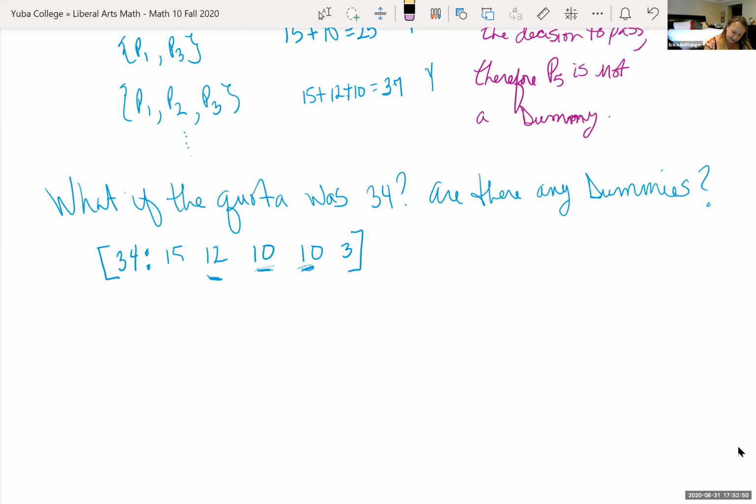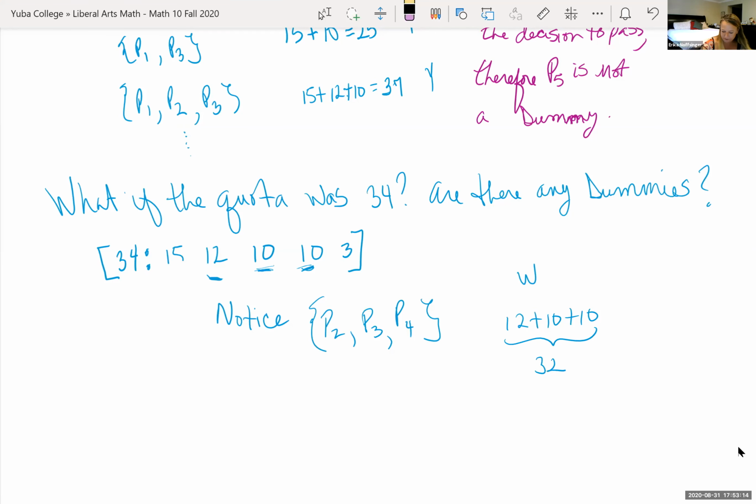So notice, I'm just giving you one example where if you have player 2, player 3, and player 4 vote, their weight is 12 plus 10 plus 10. This is 32. So they don't win. Not enough.